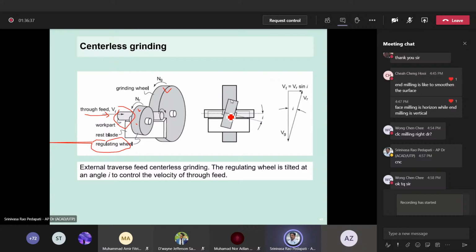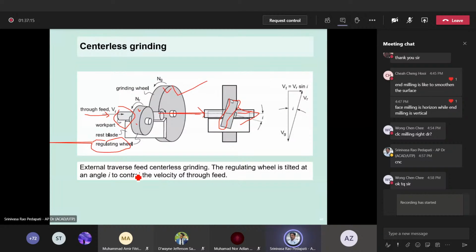The wheels are arranged so that the regulating wheel is at some inclination, which is to guide the cylindrical workpiece that is fed here. Because of this angle, the frictional force drives this workpiece to move slowly as the rotation passes. So during the rotation, the work is moving automatically because of the friction between the regulating wheel and the workpiece, whereas the grinding wheel participates in removal of the material.